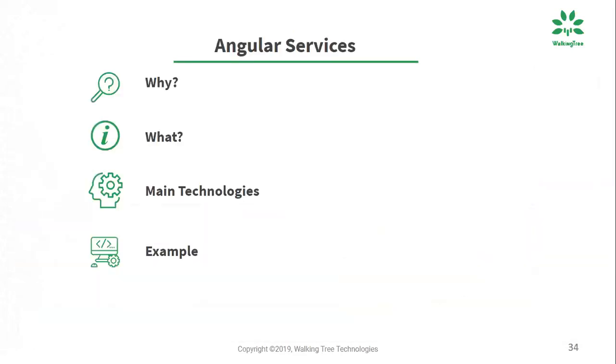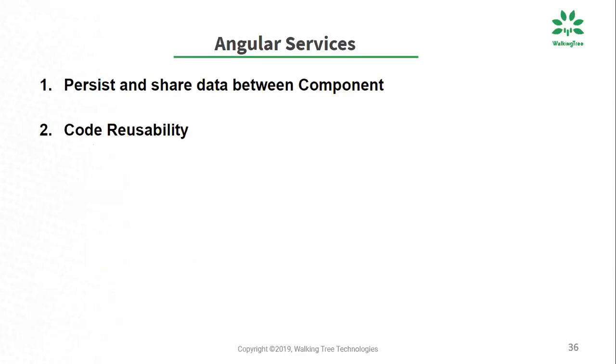So the next concept is services. Why we need services, what is the use of a service, and the main technologies that we have used for services. Services are mainly to persist data, share data between components, and for code reusability.